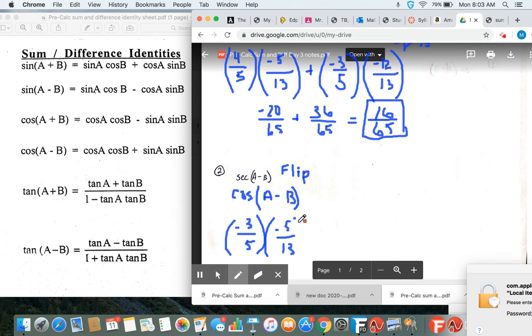Remember, be careful with the cosine identities because as you'll notice here, right, cosine A minus B, it's now a plus. So we're going to add over here. It's going to be the sine of A, sine of B. So the sine of A was 4/5. And the sine of B was negative 12/13.